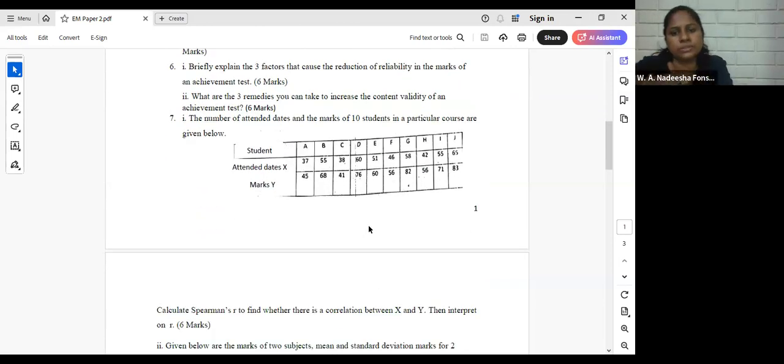Again, calculation. Here, calculate Spearman's R to find whether there is a correlation between X and Y, then interpret R. It is a similar one: attendance dates and marks.